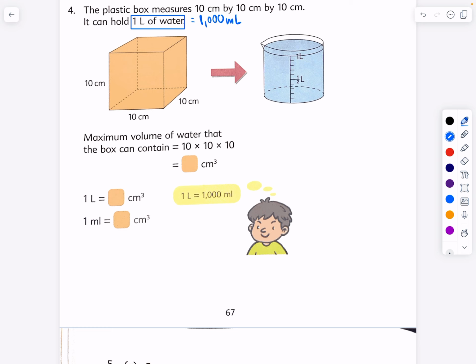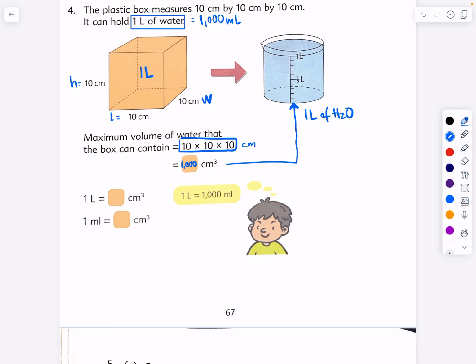If we have a cube that has length of 10, width of 10, and a height of 10, if we fill such a cube with water all the way to the top, it will contain 1 liter of water. My friends, this is a very important universal metric standard of measurement, that when we have a cube that is 10 by 10 by 10 centimeters, which is 1,000 centimeters cubed, it fills with 1 liter of water.